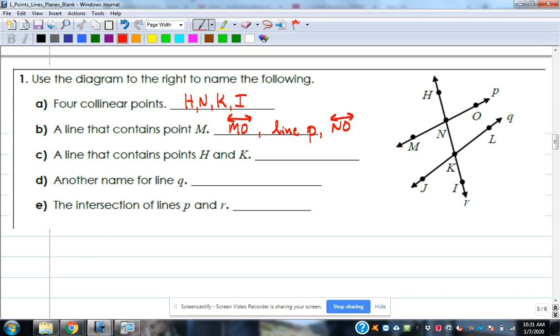Part C says a line that contains points H and K. Yeah, HK with a line over it would be great. What's another way? Line R. Another way to name that line: line HI.